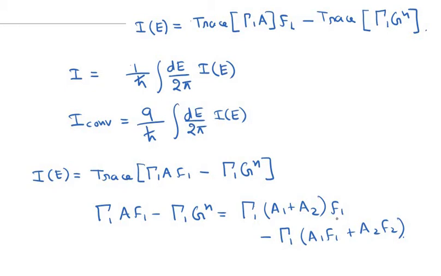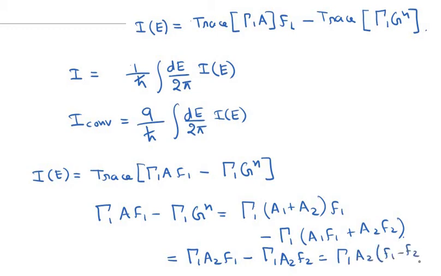Okay, so now two terms cancel here, that is this gamma 1 A1 and F1 basically cancels with this gamma 1 A1 F1. So we are left with two other terms, which are basically gamma 1 A2 F1 minus gamma 1 A2 F2, which is equal to gamma 1 A2 F1 minus F2.